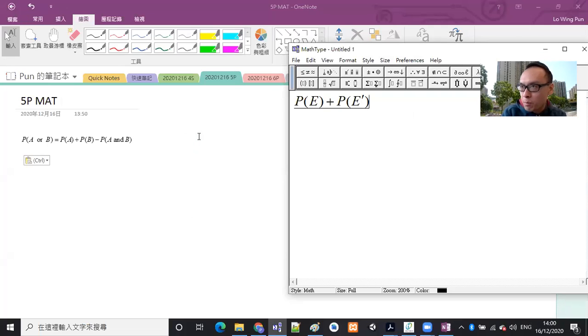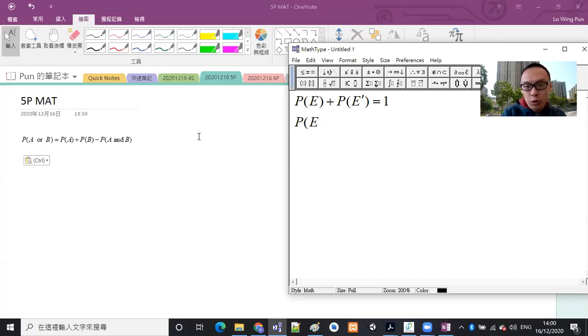The sum of these two probabilities is always equal to 1, because there are no other options. It's either E happens or E does not happen. There is no third choice, so the total probability must be equal to 1.